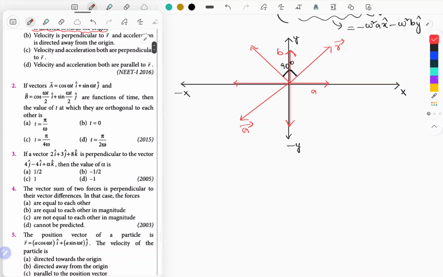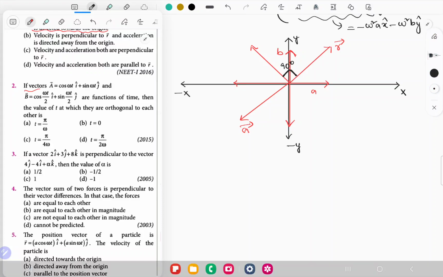So next question they are asking. Let me read it out. If a vector a bar is equal to cos omega t i cap plus sin omega t j cap, and b bar is also given, these are functions of time, then find the value of t at which they are orthogonal with each other.